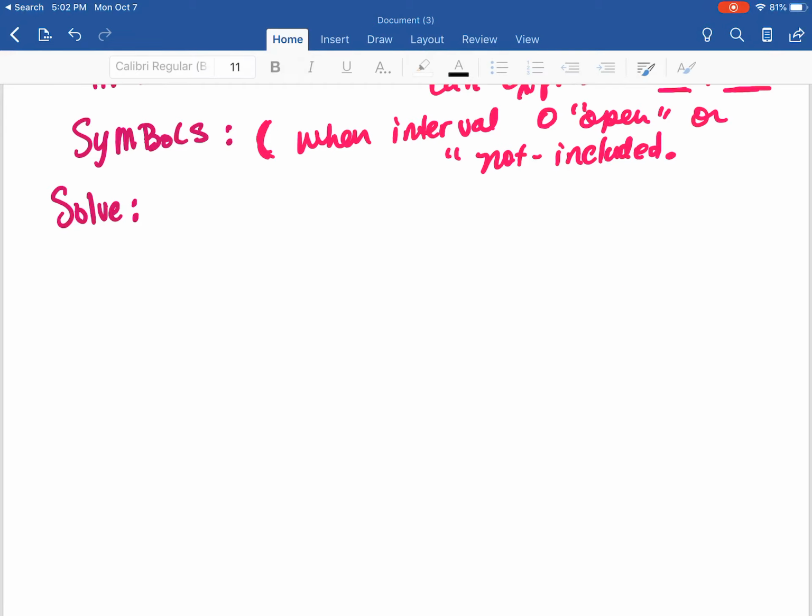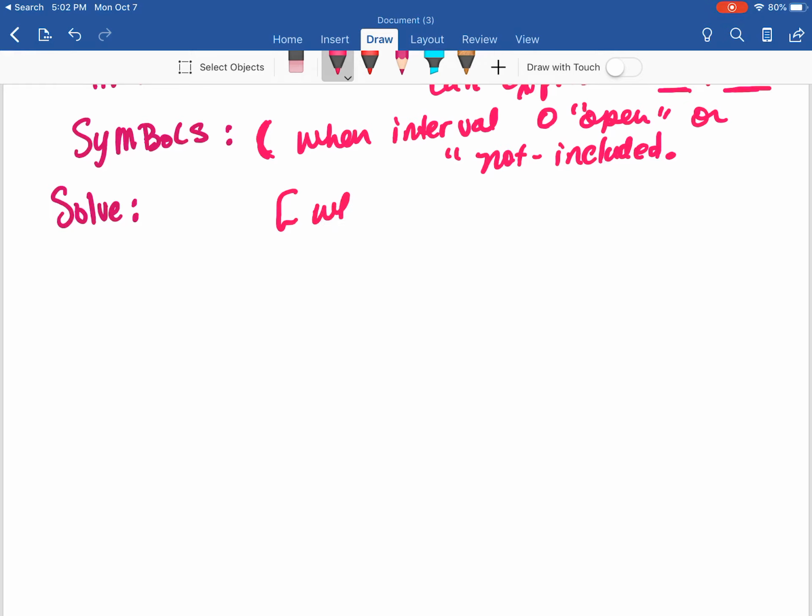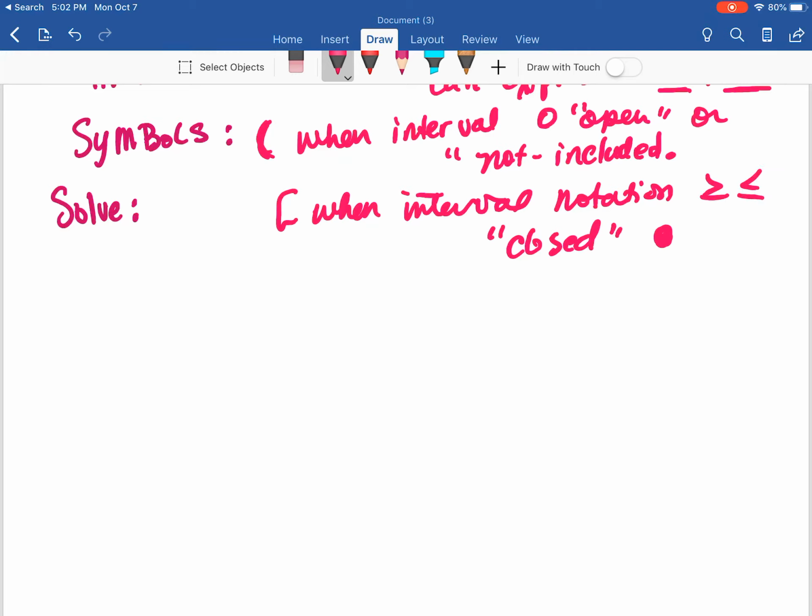Now, let me do one more thing. The brackets, that's when the interval notation is going to be closed. So that means a closed, a filled in circle. Those are going to be your symbols of greater than or equal to or less than or equal to.